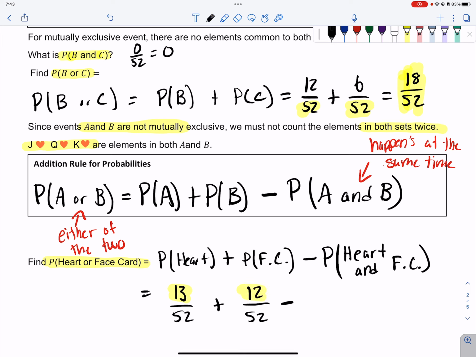So I need to subtract off one copy of that essentially. So we're subtracting off 3 out of 52. Now all of our denominators are the same, they're 52, so we can add and subtract the numerators. 13 plus 12 minus 3 gives us 22 out of the 52 cards in the deck.